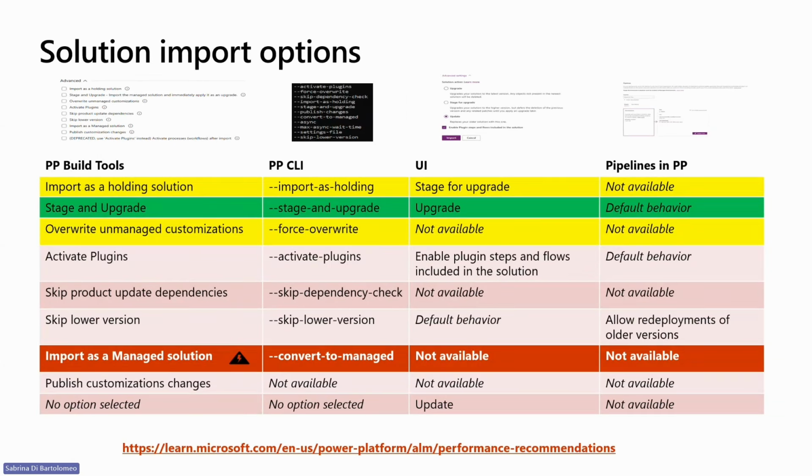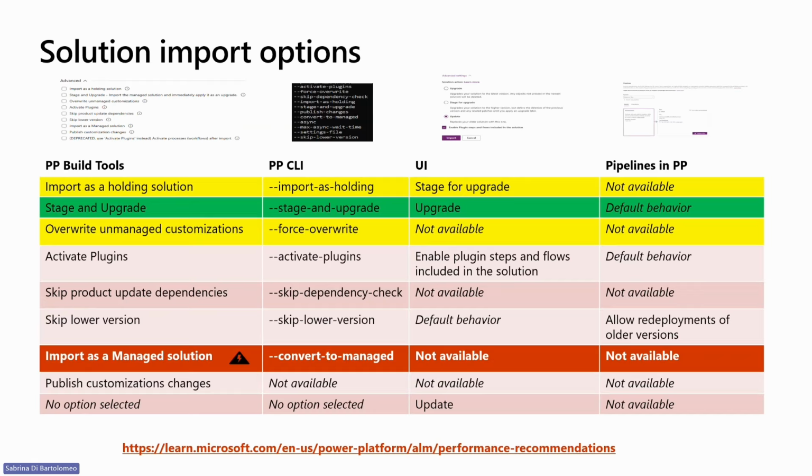As mentioned before, the performance of solution import has been recently improved. But to take advantage of this improvement, it's necessary to understand the various options available throughout the tools and know which one to use. In green, the stage and upgrade option.